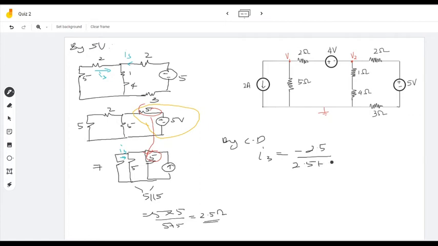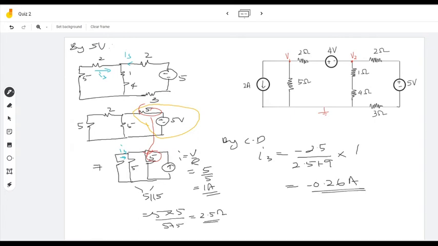Total resistor is 2.5 plus 7. Multiply by, oh, we forgot, what is the value of this current? By Ohm's law, I equals V over R. Your V is 5, your R is 5, that is 1 ampere. So multiply by 1. Plug into your calculator. You should be getting negative 0.26.